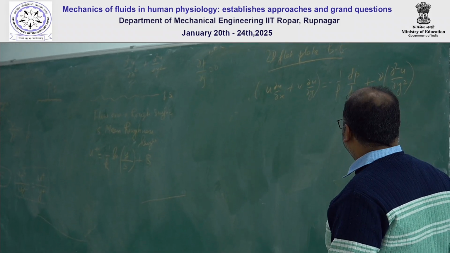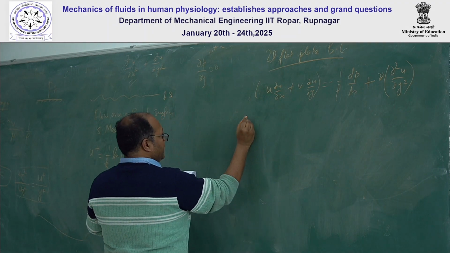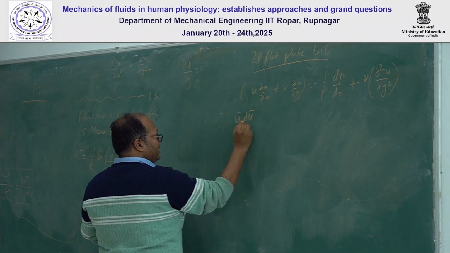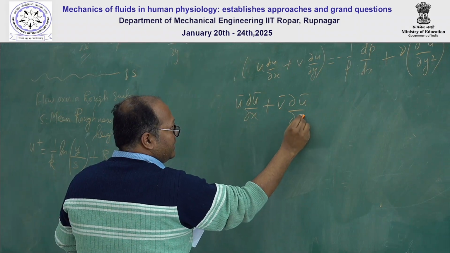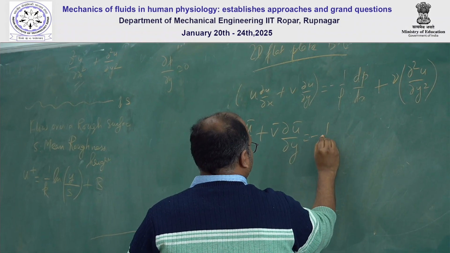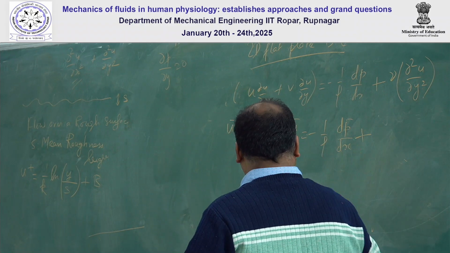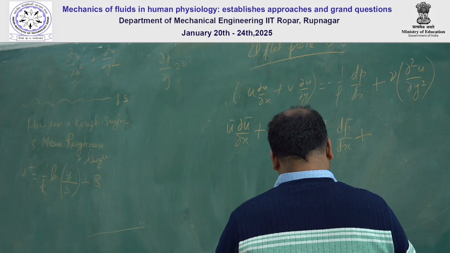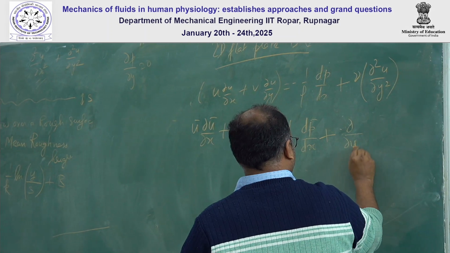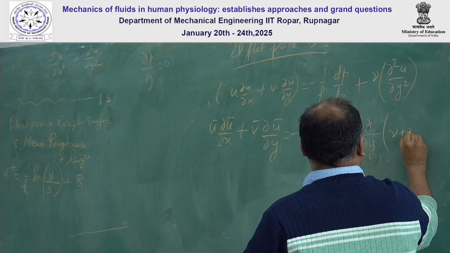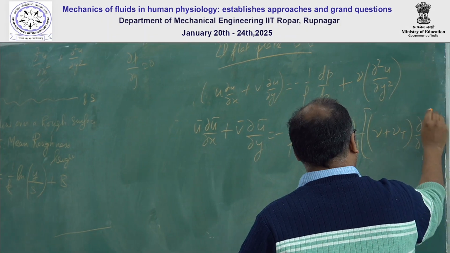Then if we carry out the Reynolds averaging procedure here, it turns out to be: u bar del u bar del x plus v bar del u bar del y equals minus 1 by rho dp bar dx plus del del y of mu plus mu t times del u bar del y.